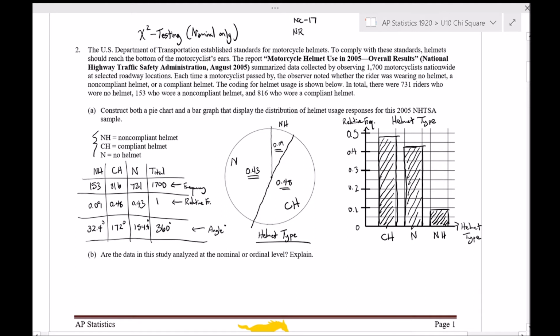We just put you in one of three categories. You either had no helmet, a non-compliant helmet, or a compliant helmet. So I'm going to go ahead and call this a nominal categorical variable. There probably is a scheme that we can come up with that'll make it an ordinal variable, but not a big deal. This is at the nominal level.